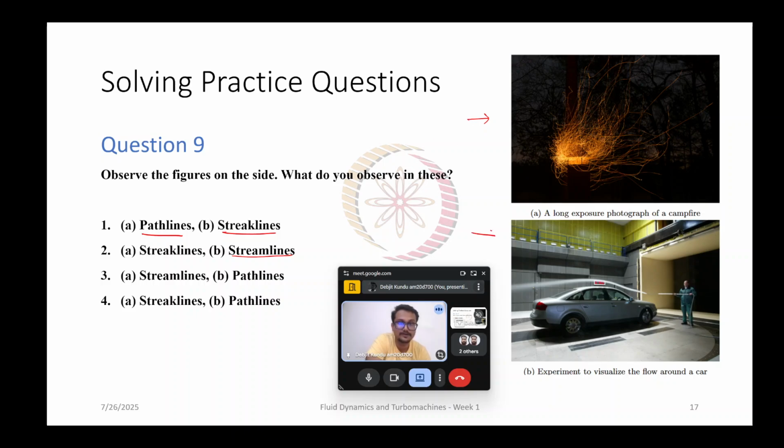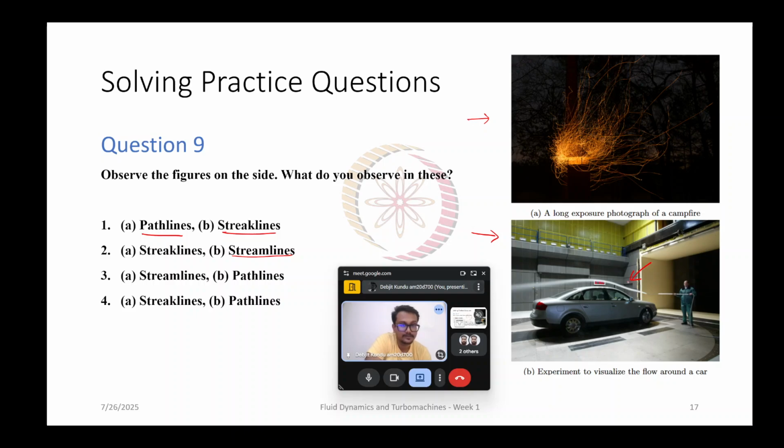And the second one is a smoke visualization experiment being done to find the flow over a car. So this is to test the aerodynamics of a car. How aerodynamic is the design of it? That would determine what that drag force is. And usually car designers want to minimize that so that less fuel is required and you'll get better mileage.